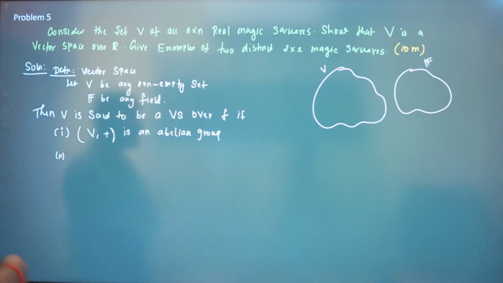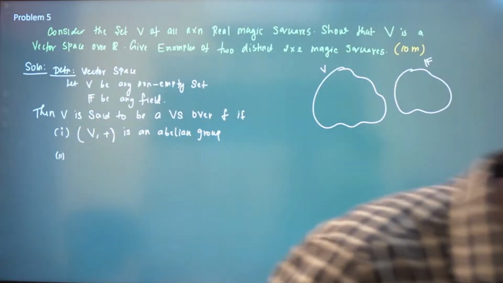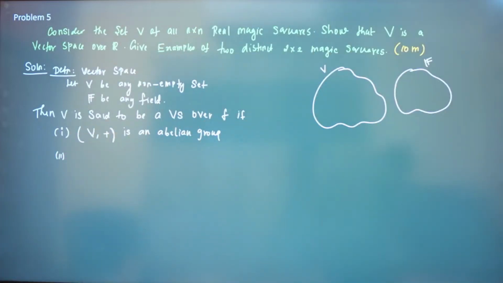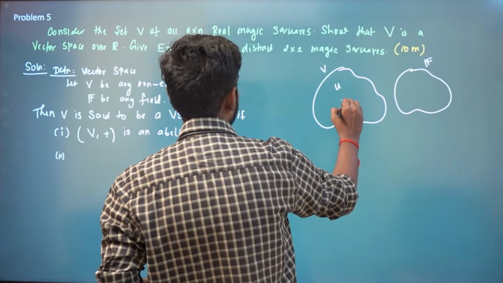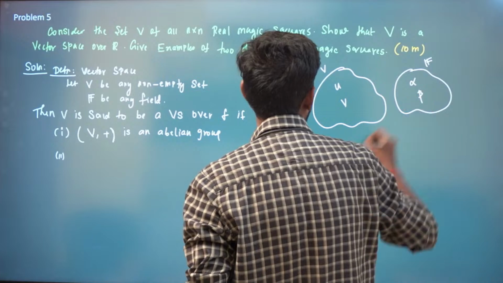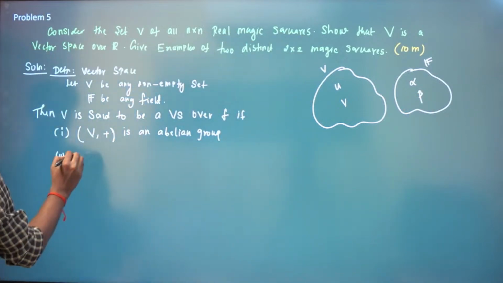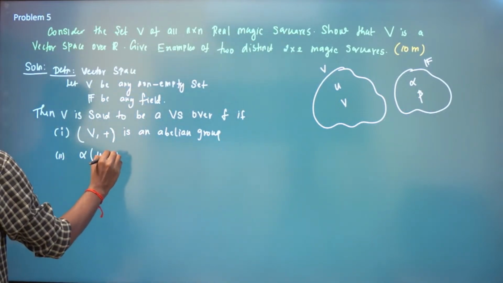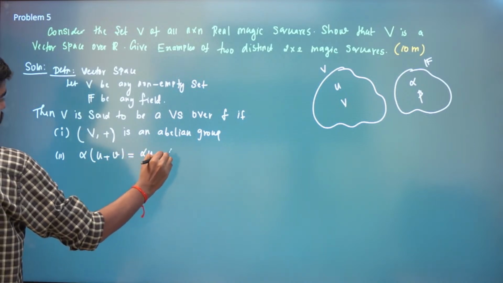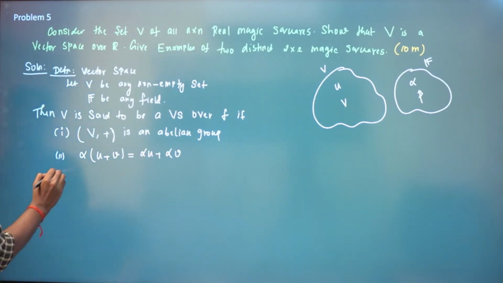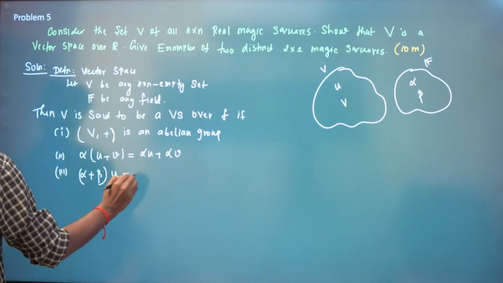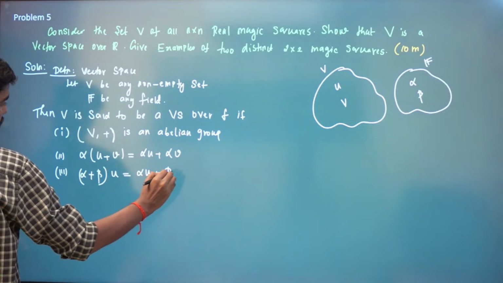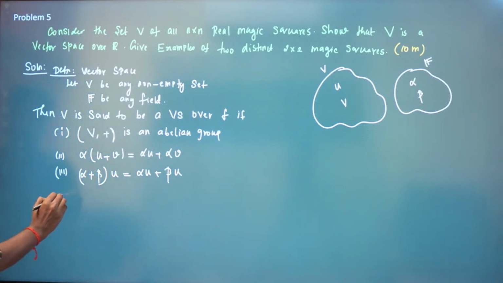and then you have to merge this V and F. So you take some u, v in V and some alpha, beta in the field. So alpha into u plus v is equal to alpha u plus alpha v, and then alpha plus beta into u is equal to alpha u plus beta u, right?